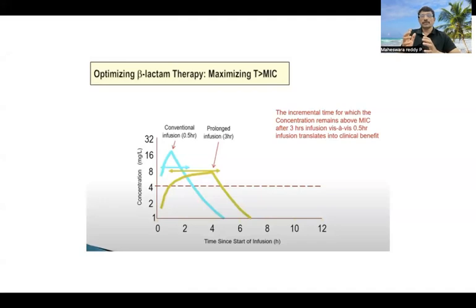If the infusion is prolonged for more than 3 to 4 hours, then the killing will be maximum. So the difference is that for concentration dependent antibiotics, the dose should be high to kill the maximum number of bacteria, while for time dependent, the duration of infusion is very important.